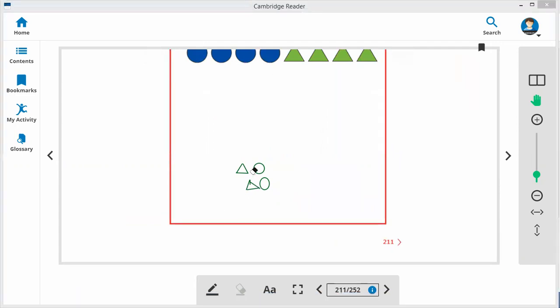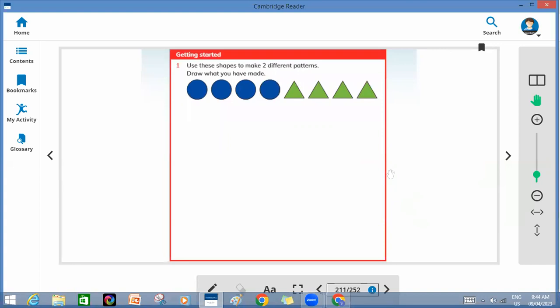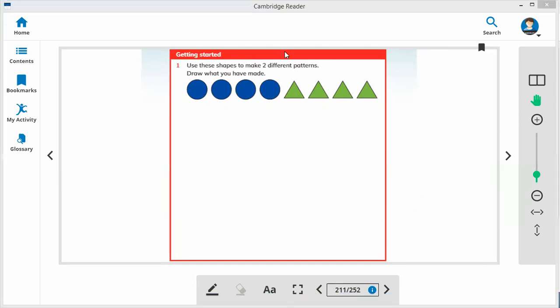So here, moving on, coming back to page number 211. Use these shapes to make two different patterns. Draw what you have made. So let's draw a different pattern here using these shapes. We will choose first a circle, and after the circle we are going to use a triangle.